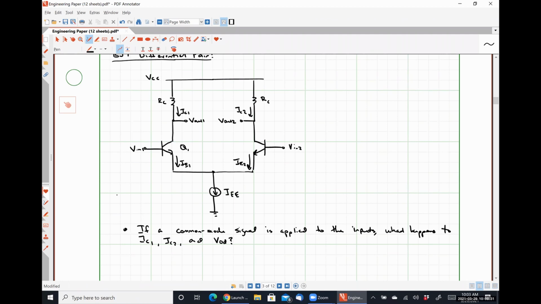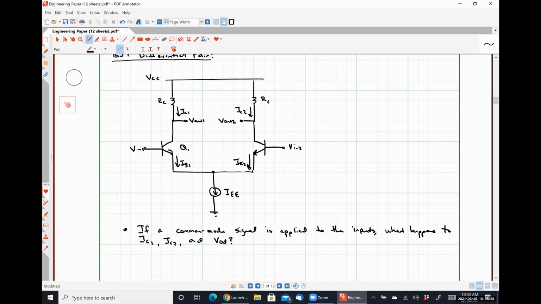Let's just say, for the sake of argument, that we have a voltage of 1 volt applied at the input VN1, and that same voltage of 1 volt is applied at the input VN2.